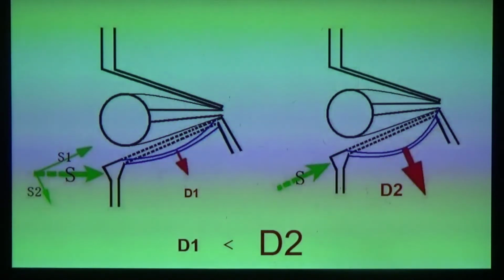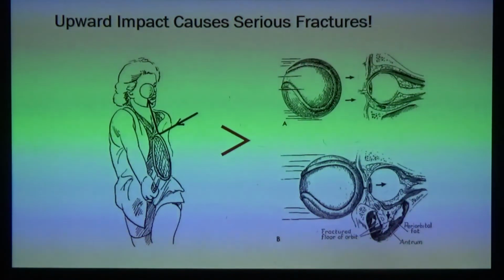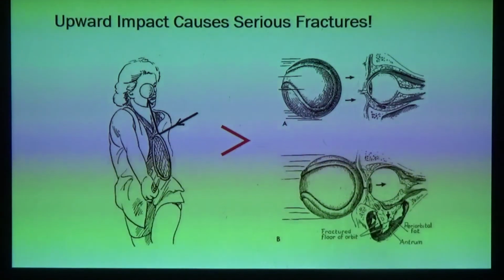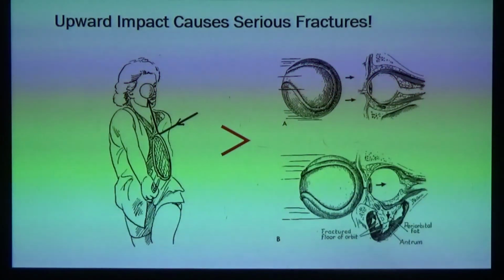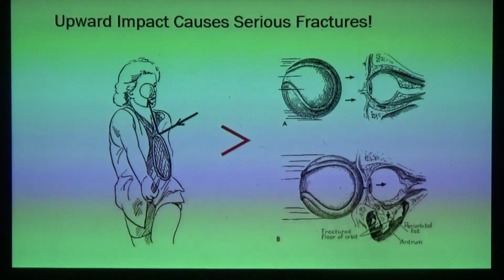Accordingly, serious fractures occur. Therefore, we can conclude that when the orbit is struck by an object moving upward, serious fracture is more likely to occur than when the orbit is struck horizontally.